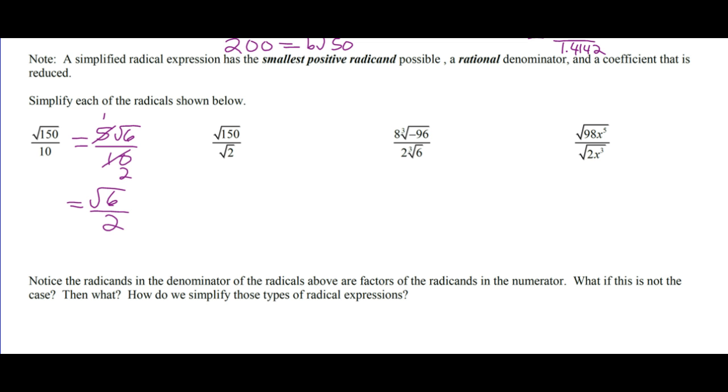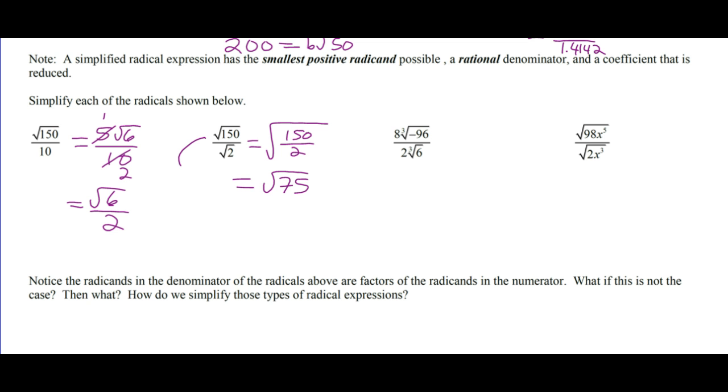Root 150 over root 2. So the thing we can do when we're dividing radicals is, the quotient of 2 radicals is equal to the radical of the quotient, right? So the quotient of 2 square roots is the square root of the quotient. So we just put them together under the root sign and say, all right, so that's equal to root 75.